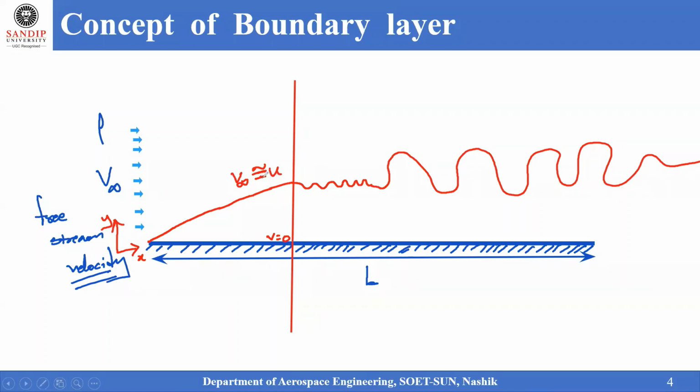Along the y direction the velocity has increased, but not along the total length L. After moving a certain length, the flow got a slight disturbance induced in it, and after that the fluid went for complete disturbance.